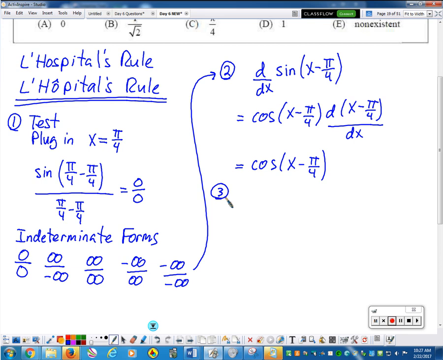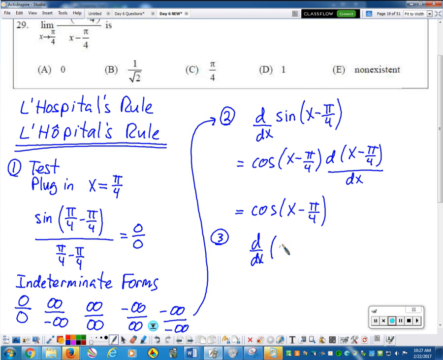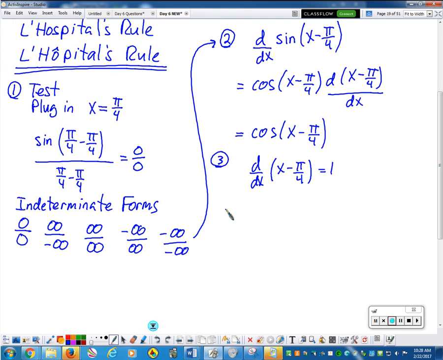So I take d over dx, and you're always taking the derivative in terms of the limiting variable. So d over dx of x minus pi over 4. That derivative is pretty darn easy. 1. Step number 4, you create a new limit problem. We can do that. L'Hopital's rule says we can.